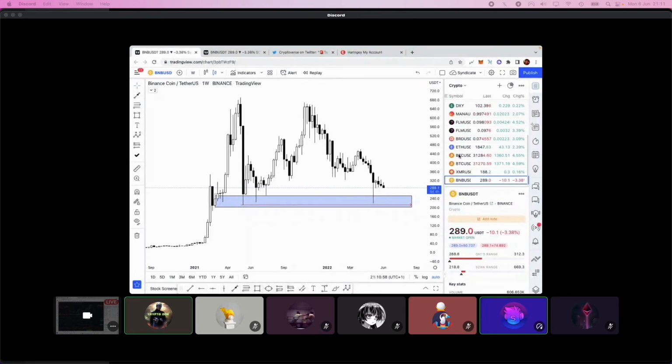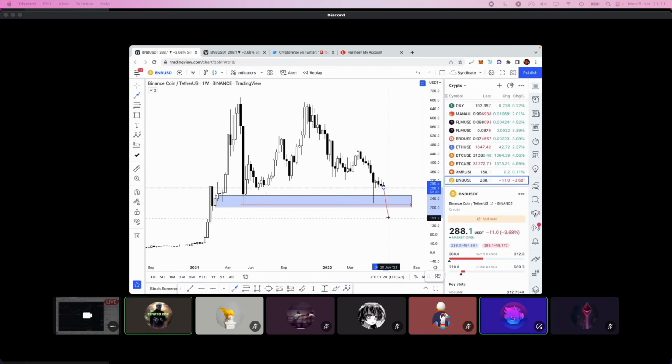Like I was saying on BTC, when we got to this support level, we had a move down that cleared the liquidity into the imbalance that was sitting below. On Binance, we haven't actually had that. It's been holding this support. So Binance could be on its way to do that move into the imbalance.